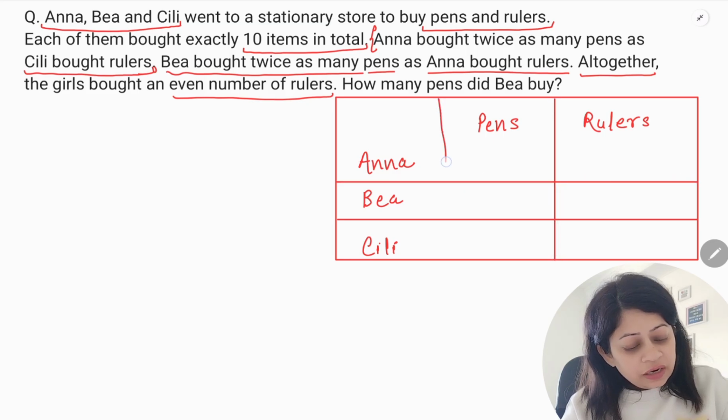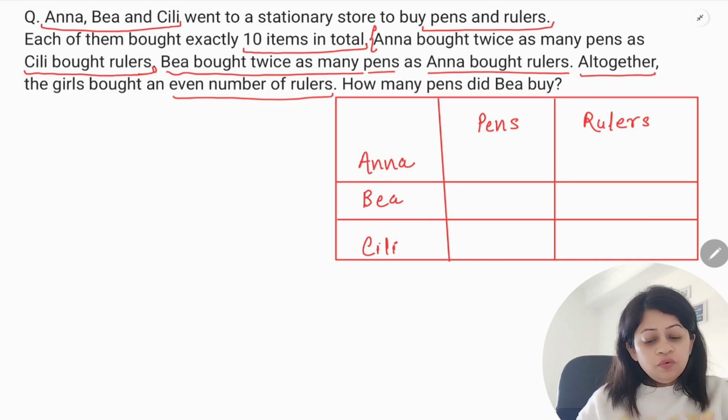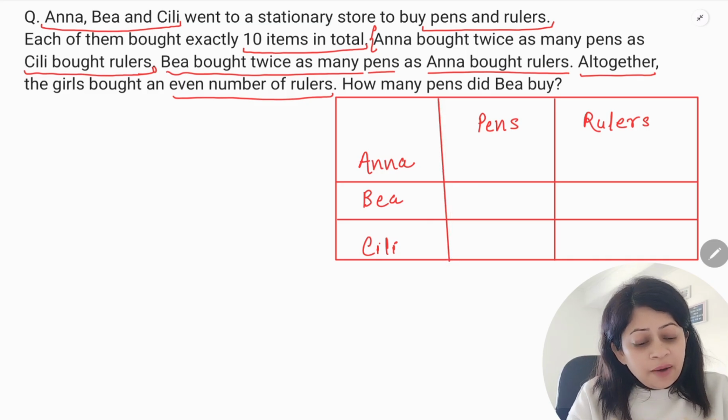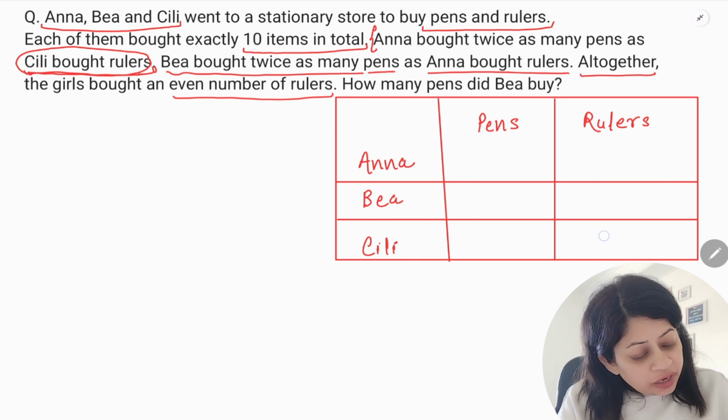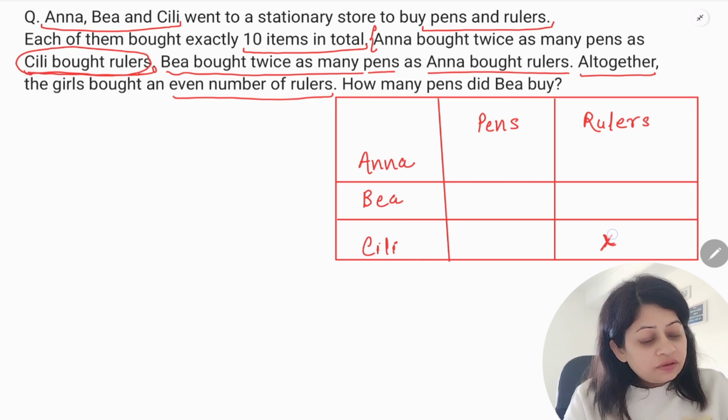Now let us start with whom? We know Anna bought twice as many pens as Silly bought rulers. So let us start with Silly's rulers here. Let Silly buy X rulers.